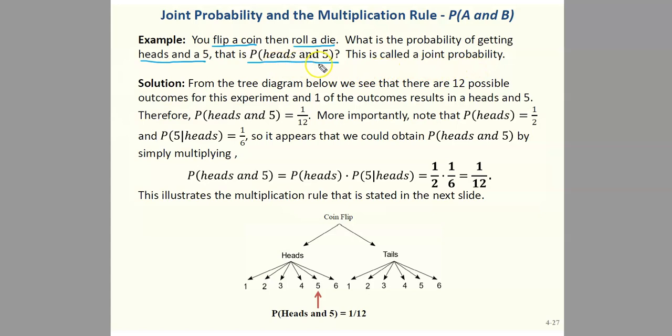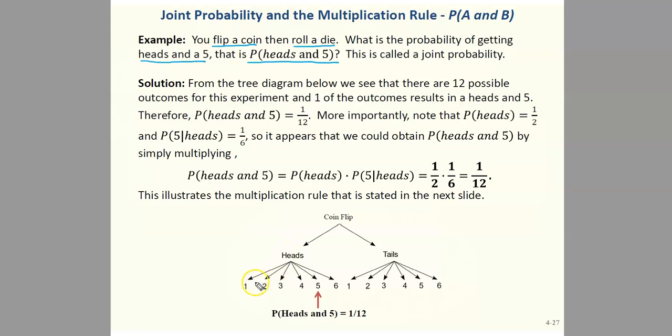So to solve this problem, consider this tree diagram that we have down here. This is going to help us to enumerate the sample space for this experiment and calculate the probability. So in this tree diagram, the first thing you do is you flip your coin. Well, when you flip a coin, you can either get heads or tails. Now if you get heads, you then roll the die.